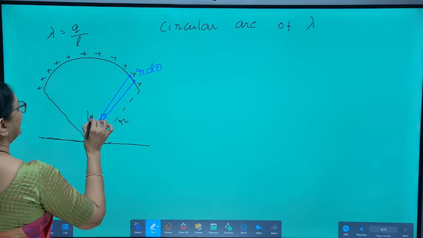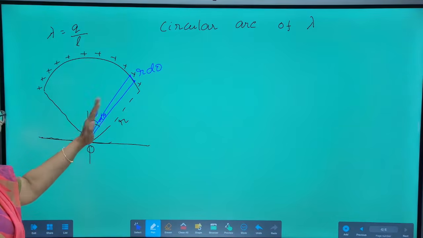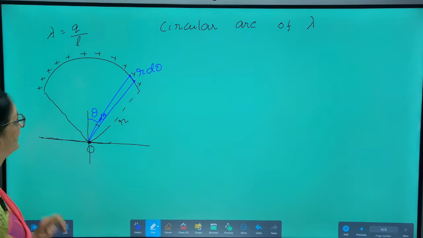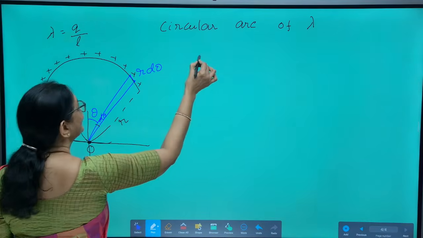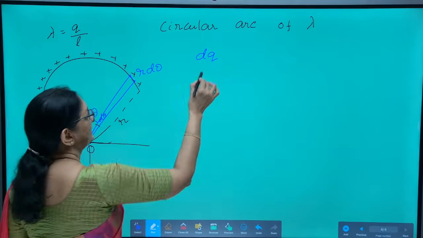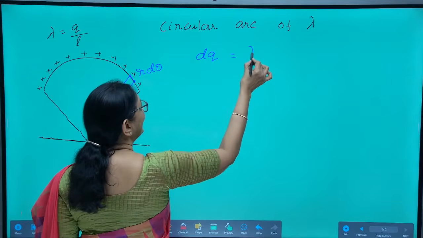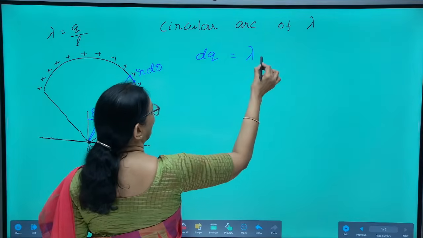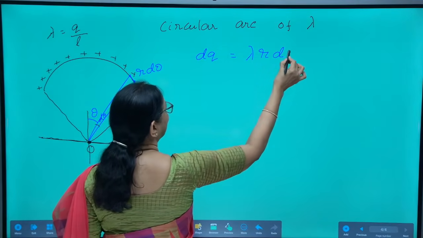Let theta be the angle made by that element with this line, right? So, what is the charge on that element? Charge is equal to linear charge density into length of the element, lambda into r d theta.